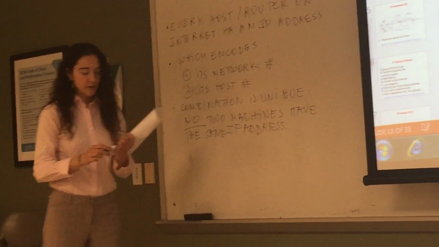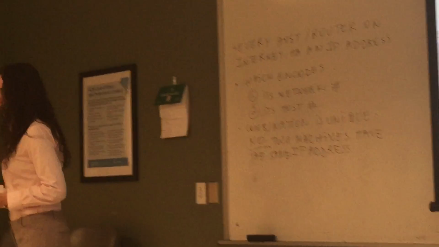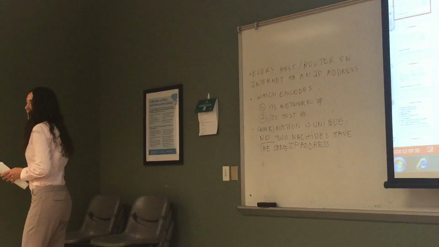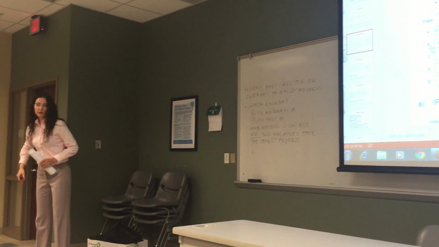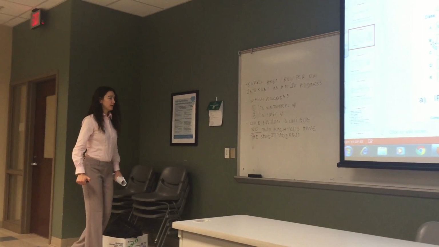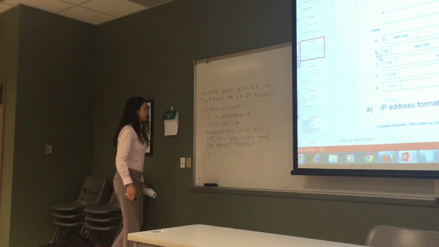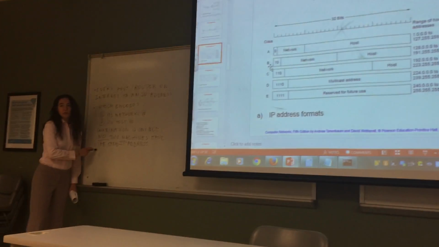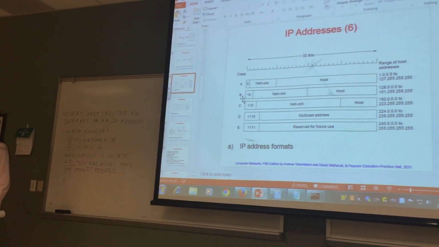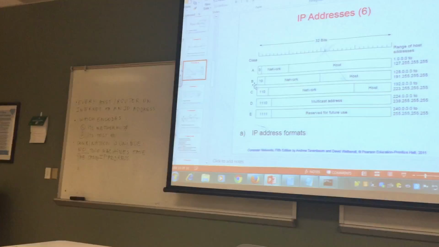So the IP address is a unique address that is assigned to each machine, device, router, cell phone, whatever in the world it is. It has a unique IP address that uniquely identifies that particular device.